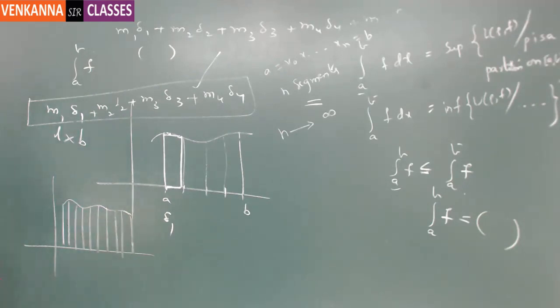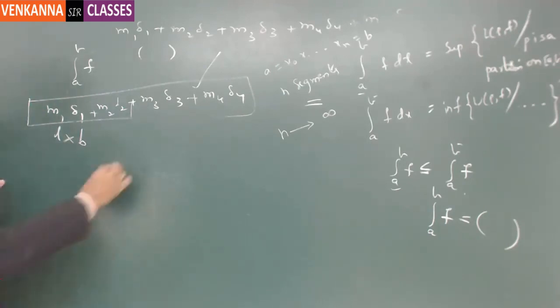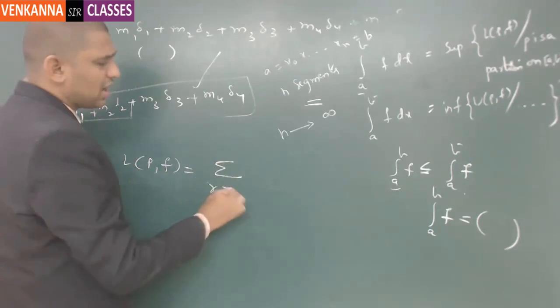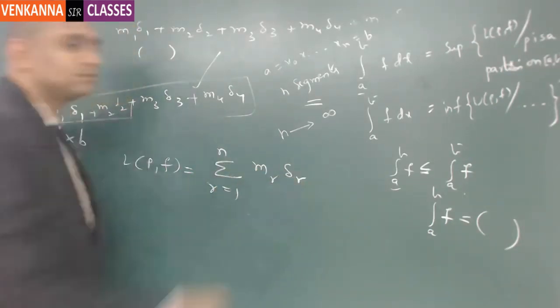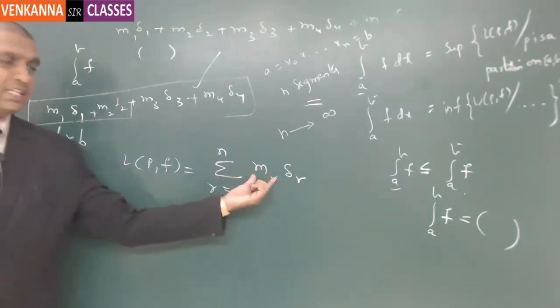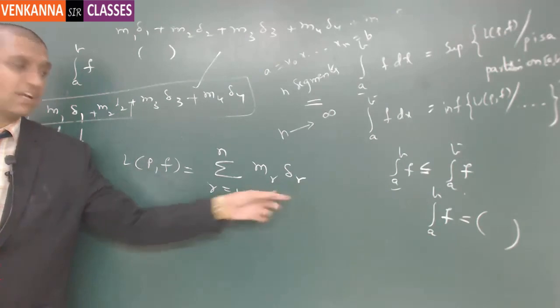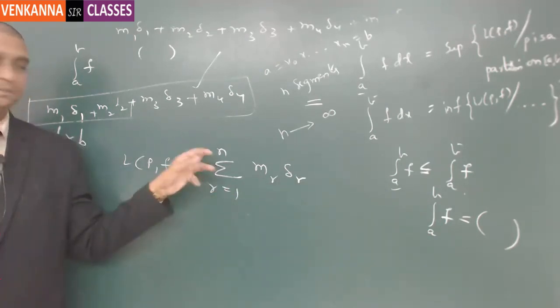So usually what we write, LPF is nothing but summation r is equal to 1 to n, mr delta r. This is the function's infimum value on the subinterval, this is the length of the subinterval, and the total interval is bifurcated into n parts.